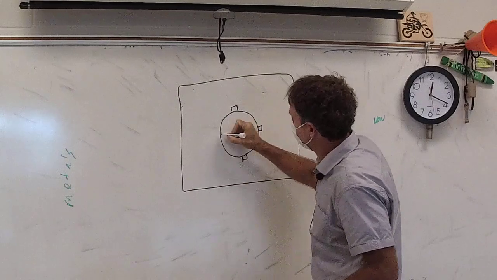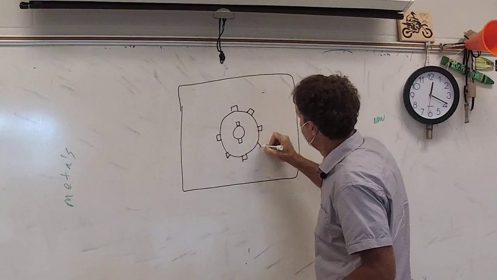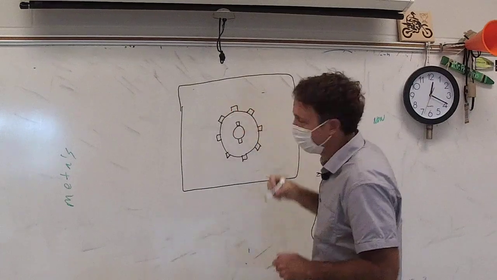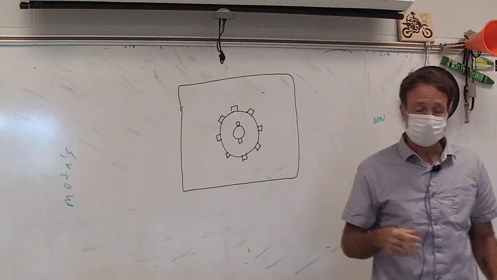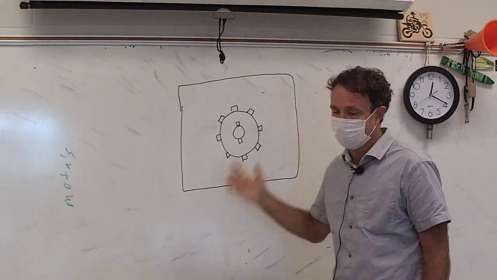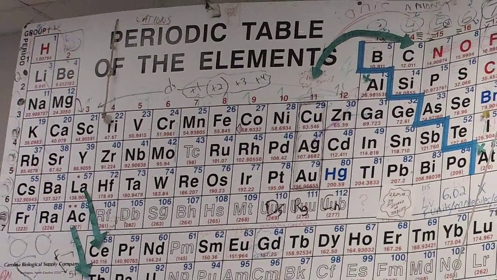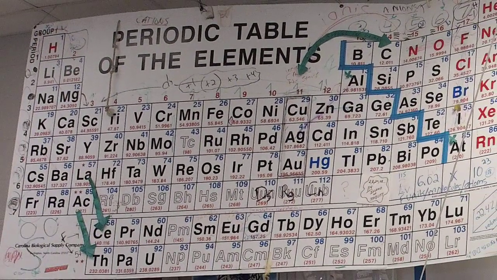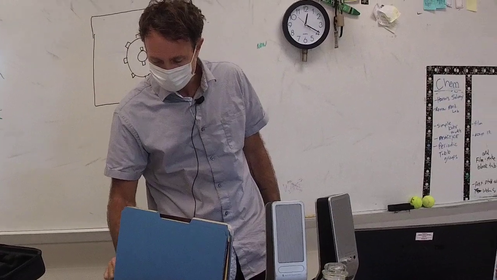The Bohr model is literally the periodic table. Now, most of the time in 8th grade science, you're just taught to put circles and dots. But now we're seeing that these circles and dots are the periodic table. Right? That's what the Bohr model is. It's a circular model of the periodic table.